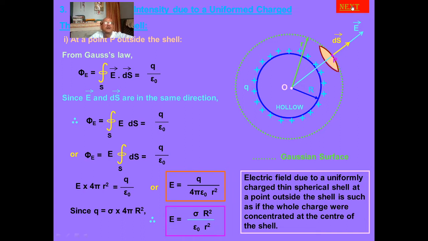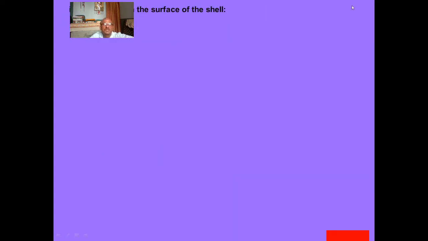Next we will take up the point on the surface of the cell. Let there be a hollow sphere of radius R, the same spherical cell, and we want the electric field at this point.